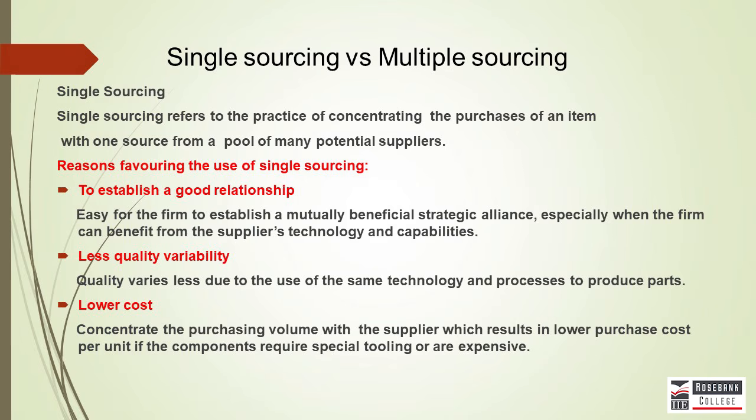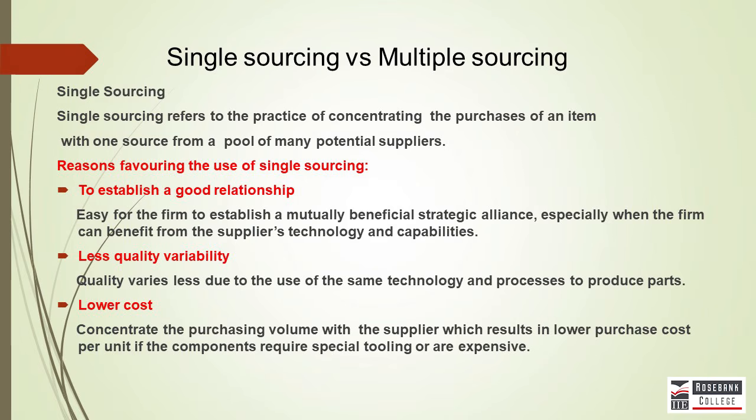Reasons favoring the use of a single source. The first one is establishing relationships. It's easy for a firm to establish mutuality in strategic alliance, especially when the firm can benefit from the supplier's technology and capabilities. Then there are also issues to do with less quality variability.